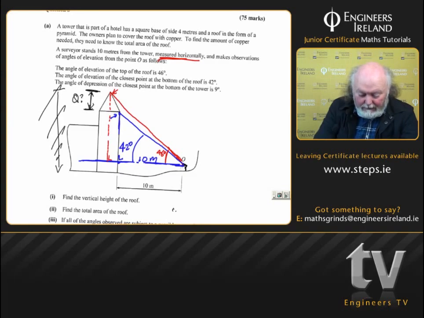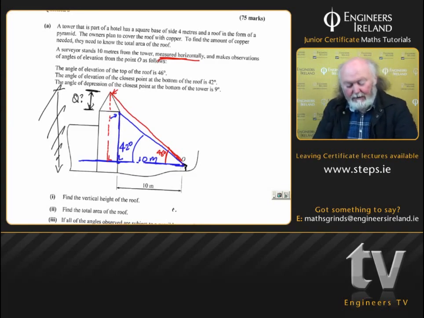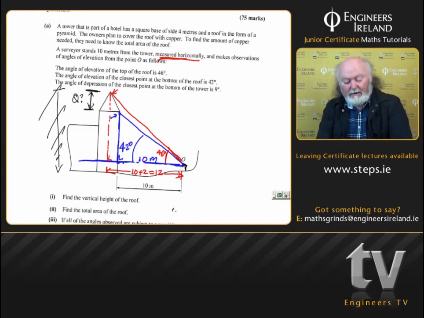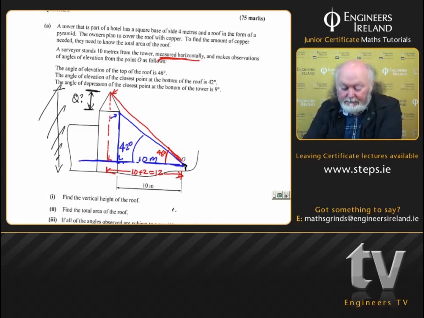We have two triangles. A smaller one that is only a 10-meter base, but the upper triangle, as you know, has the whole 10 meters plus another 2 out to here. So a 12-meter base on that one.